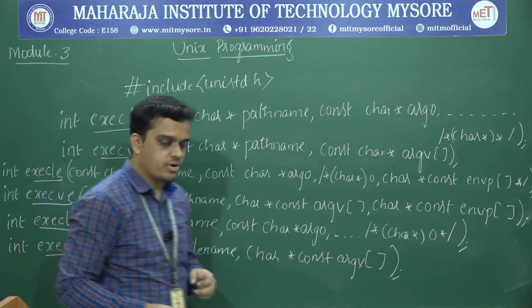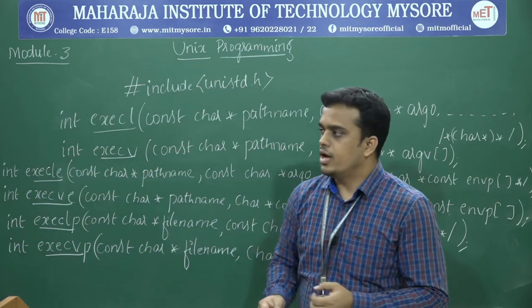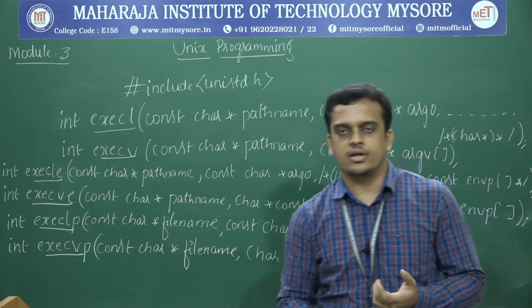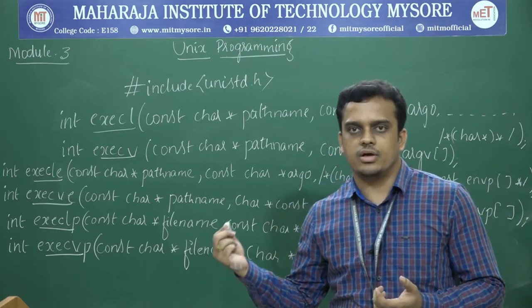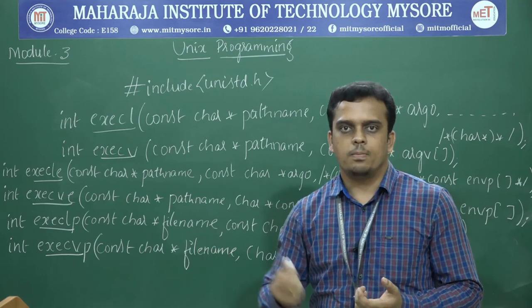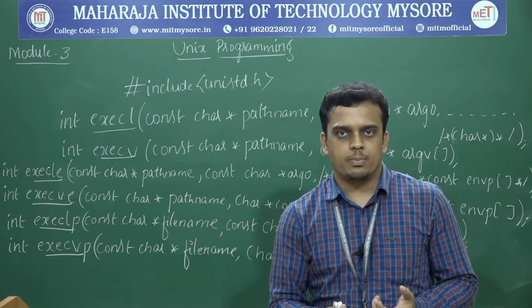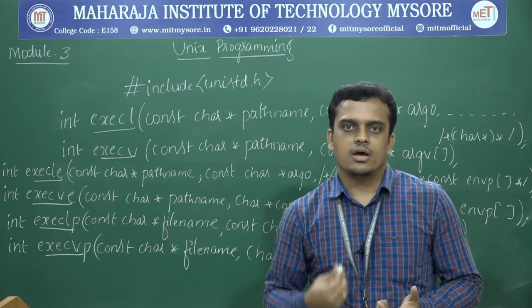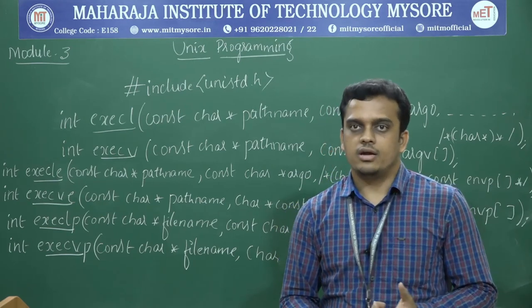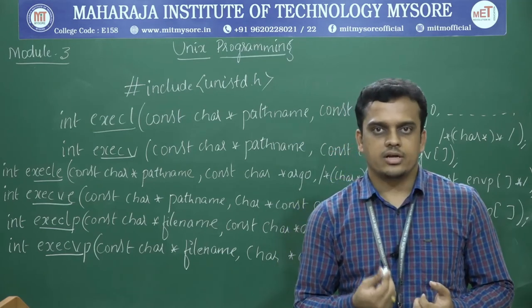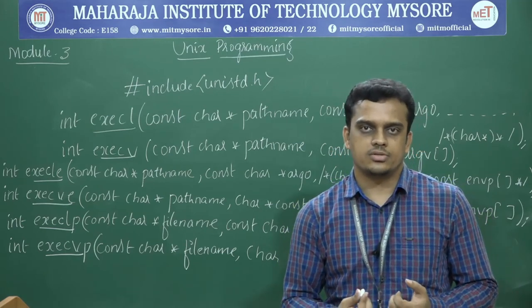These are the 6 different forms of an exec function, and the basic objective of all these forms is very clear. Whenever the API is executed by any currently running process, the program memory of that process will be replaced by a new program. And we need to mention which particular program needs to replace the currently running process, isn't it?